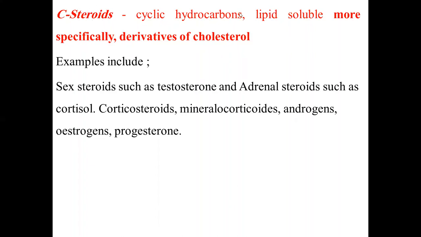They are lipid soluble, so they cannot freely circulate in the blood. They need a carrier. Examples include sex steroids such as testosterone, and adrenal steroids such as cortisol, corticosteroids, mineralocorticoids, androgens, estrogens, and progesterones.